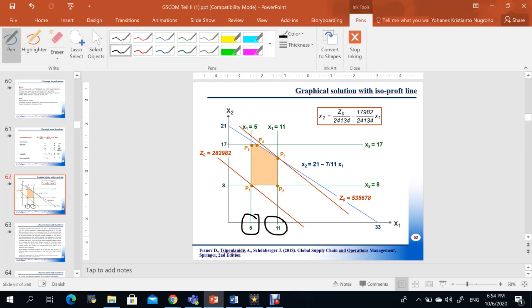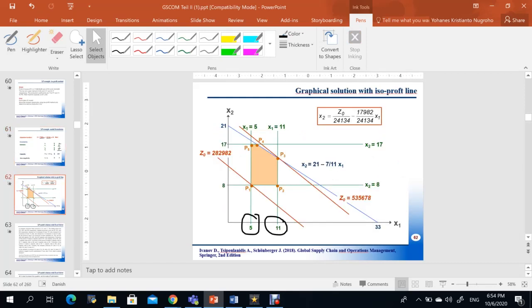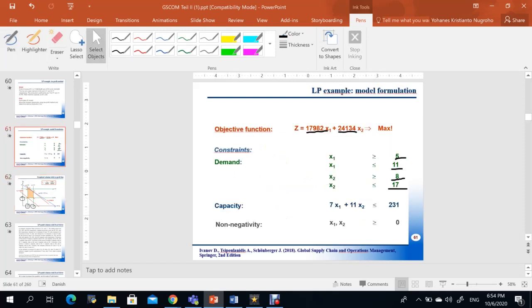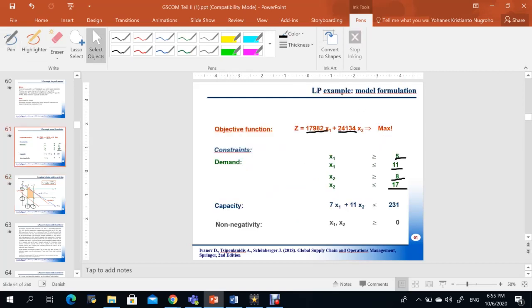Okay, and the second product should be higher or equal to 8 here, and should be lower or equal to 17. And then we have also here. Okay, and then what is left?